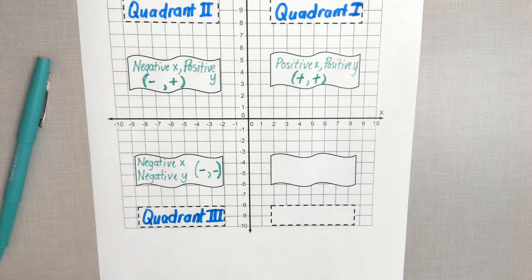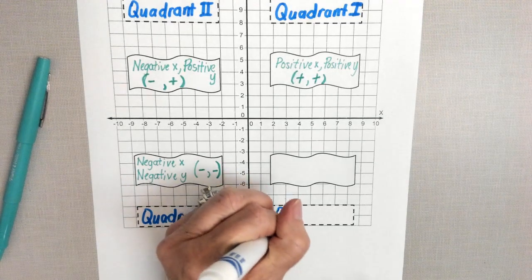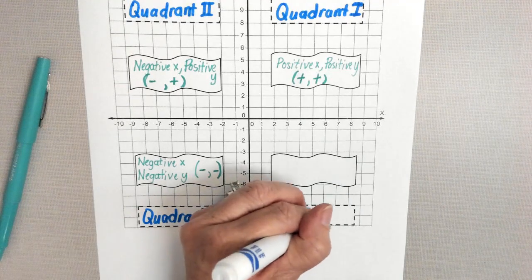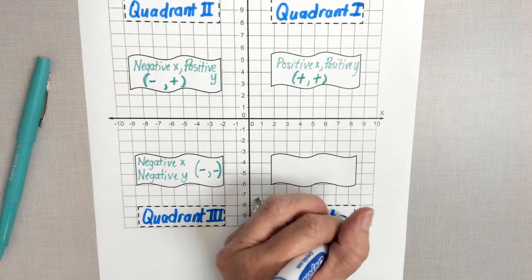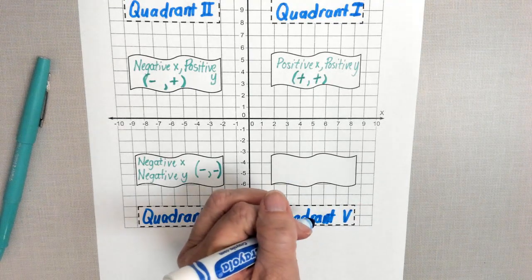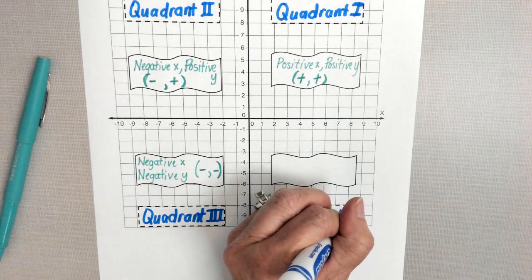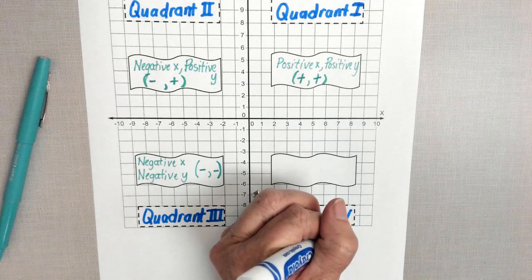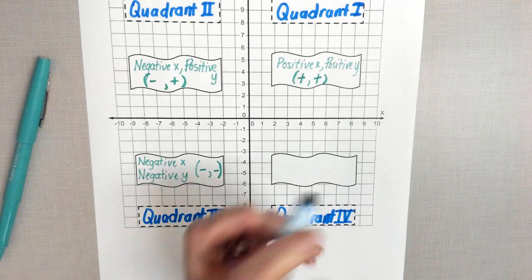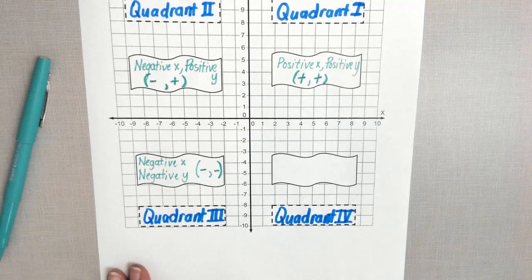And then finally, moving on over to quadrant 4. And quadrant 4 is going to be, well, 5 is a V, and so if you put 1 before the Roman numeral 5, then you get the Roman numeral 4, in case you didn't know that. Okay? 1 before 5 is 4.